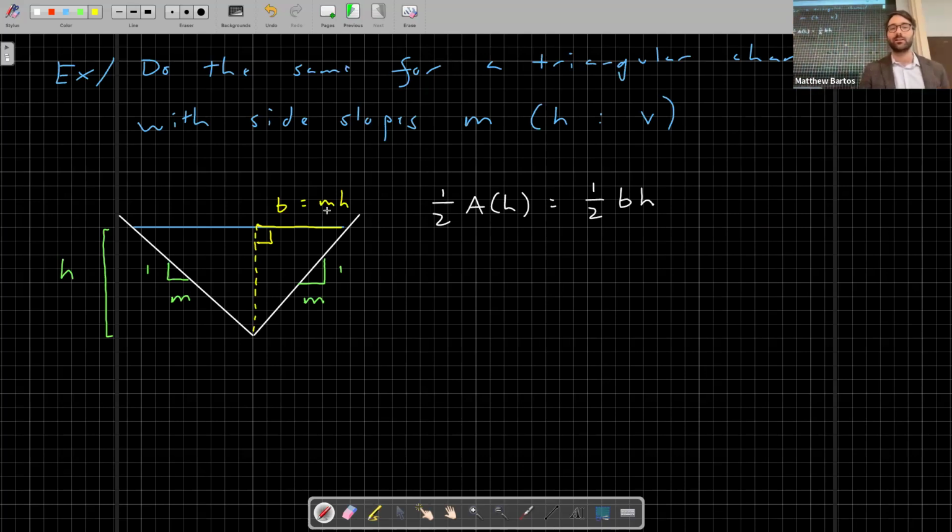So the base of this triangle is M times H. So this will give us 1/2 of quantity M times H times H. And if we multiply this by 2, we get the entire cross-sectional area, which is equal to M times H squared. All right, any questions on how I got the cross-sectional area there?